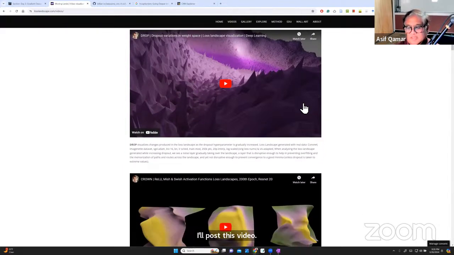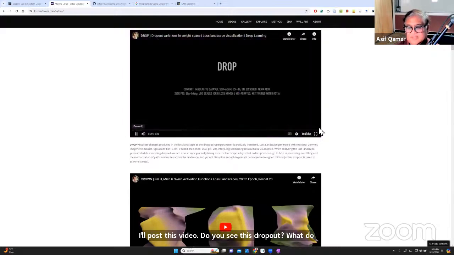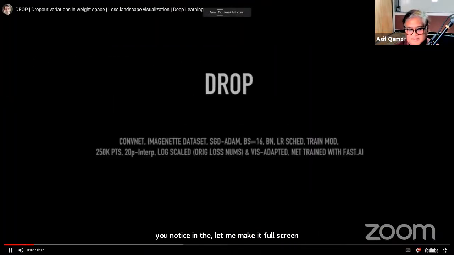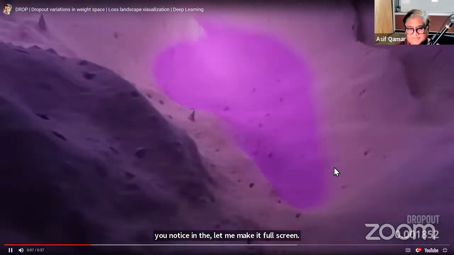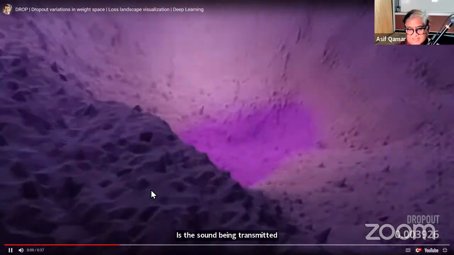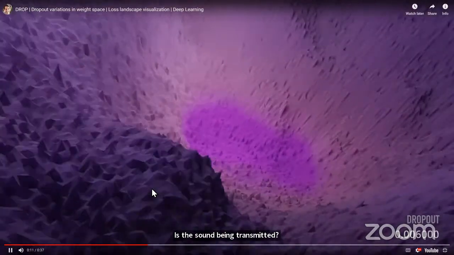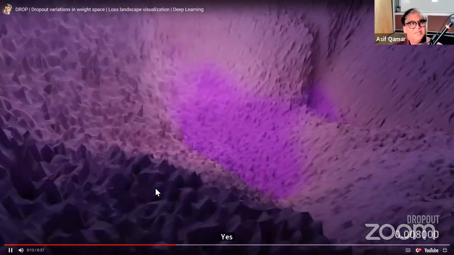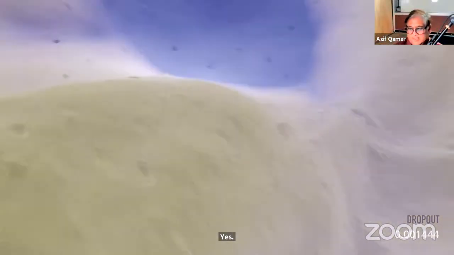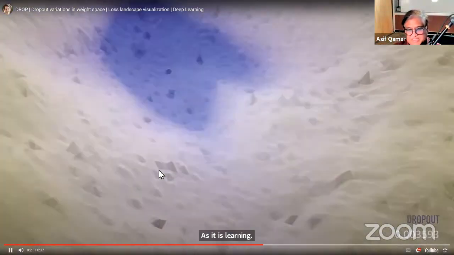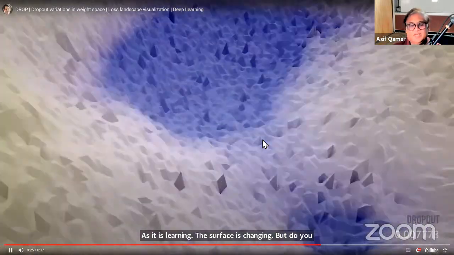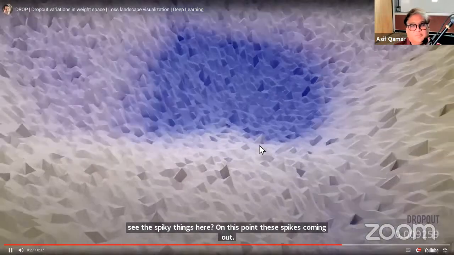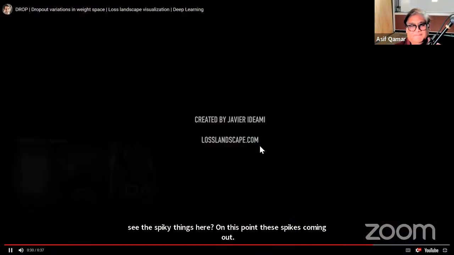Let me make it full screen. Is the sound being transmitted? Yes. So this is the machine learning. You can see that as it is learning, the surface is changing. But do you see the spiky things here? These pointy spikes coming out. This is because of the dropout.